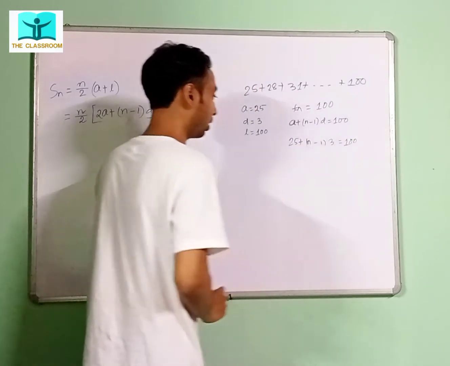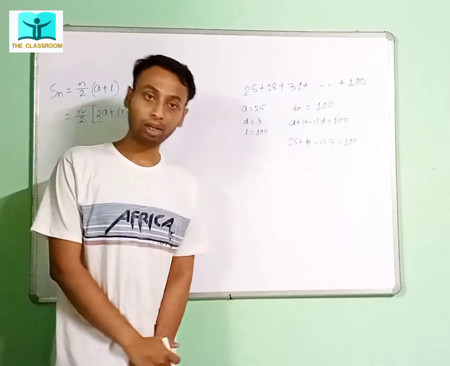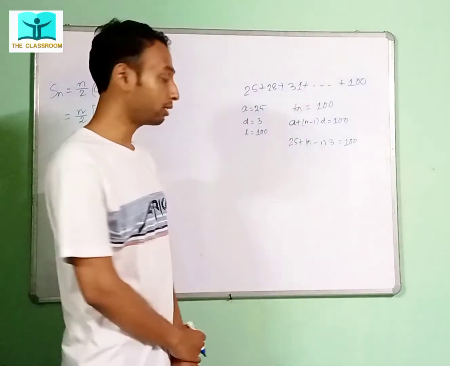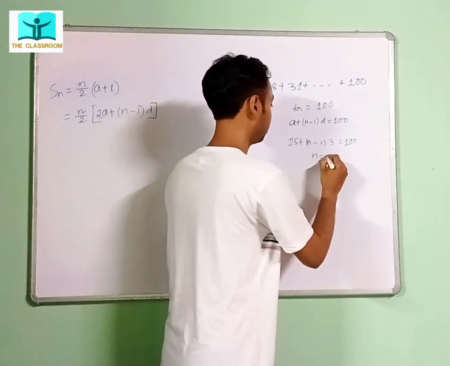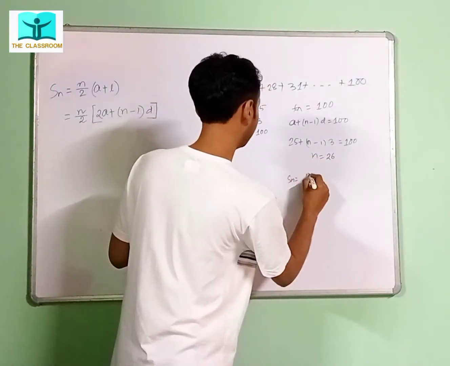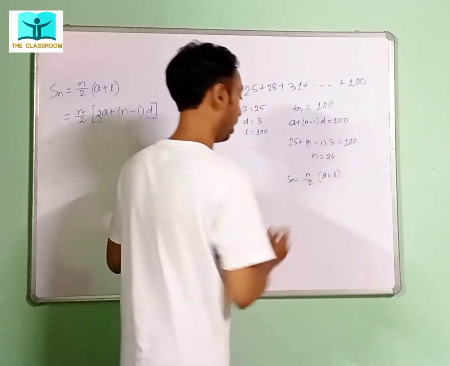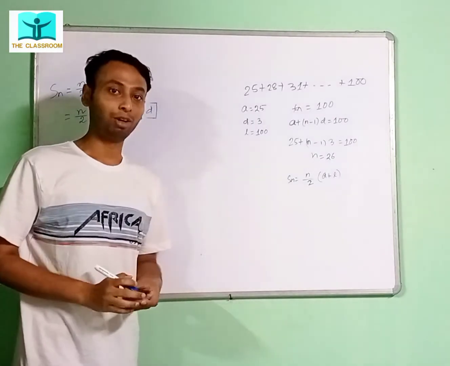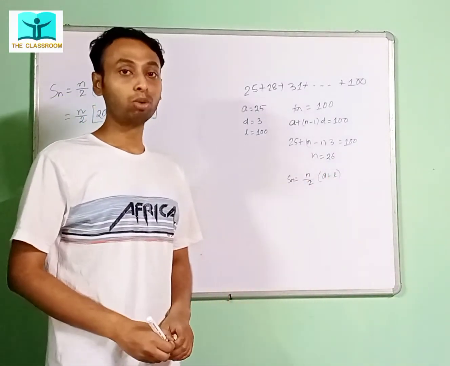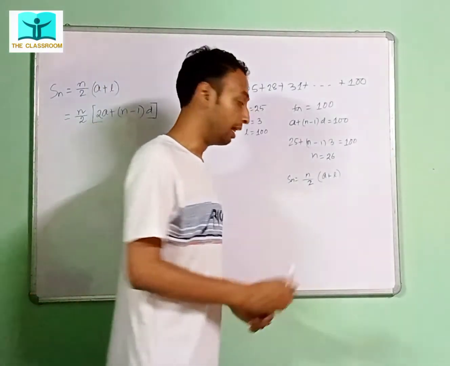From this equation, we can find the value of n. If we calculate, we get n equals 26. And if we apply Sn equals n by 2 into (a plus l), we have all the values of n, a, and l. Let's put the values of a, n, and l.